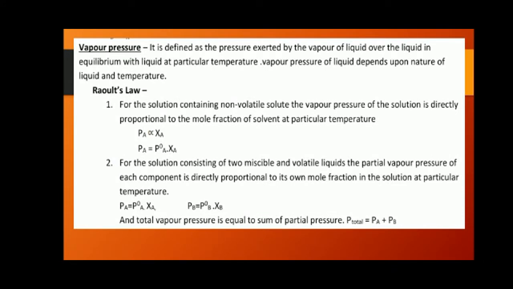It can be given as Pa equals P0A into XA and Pb is equal to P0B into XB, where Pa and Pb are the partial vapor pressure of the two components in binary mixture, and XA and XB are the mole fraction of those two components. Total vapor pressure is equal to sum of partial pressure. We can write Pt is equal to Pa plus Pb.